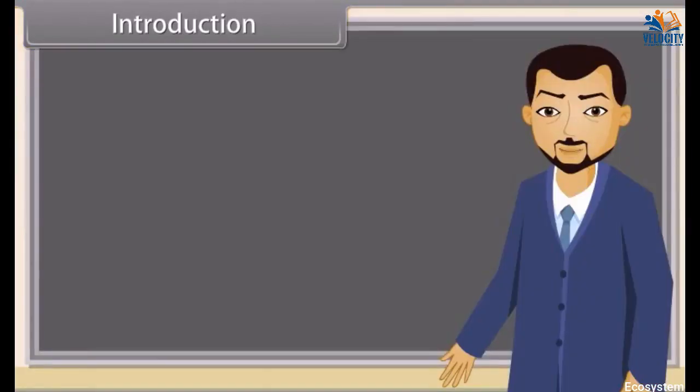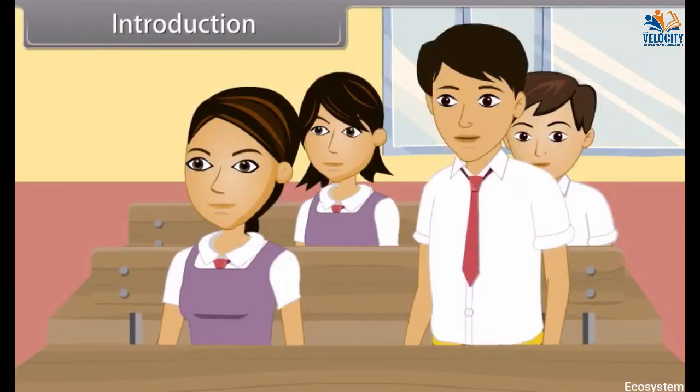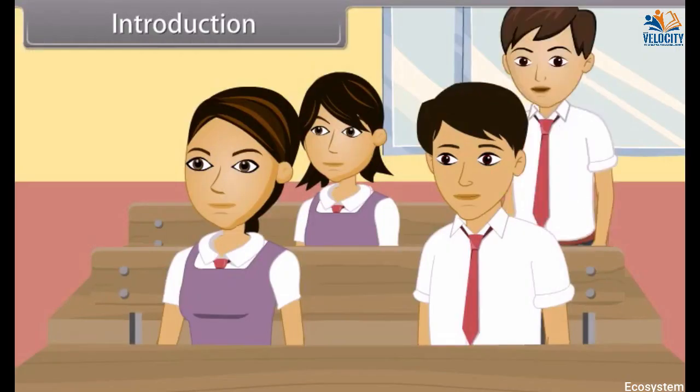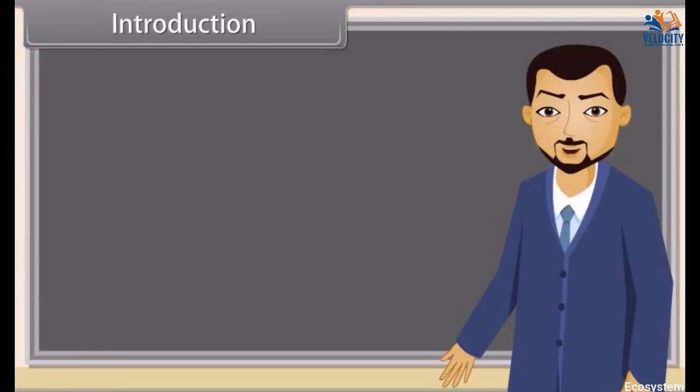What do you mean by biotic factors? It includes all the living things. And what is an abiotic factor? It includes all the non-living things such as sunlight, which helps living things to grow. Well said. In this lesson, you will learn the functioning of an ecosystem.